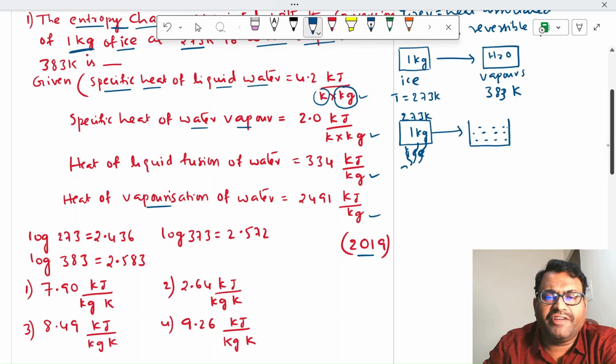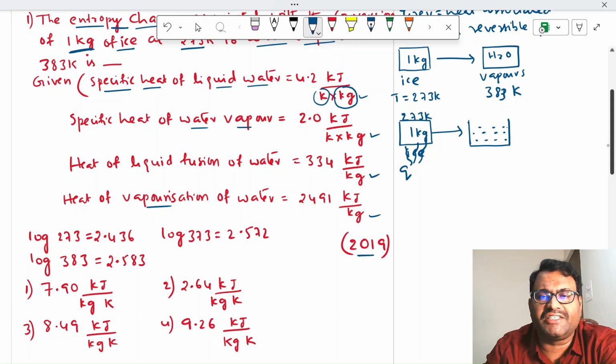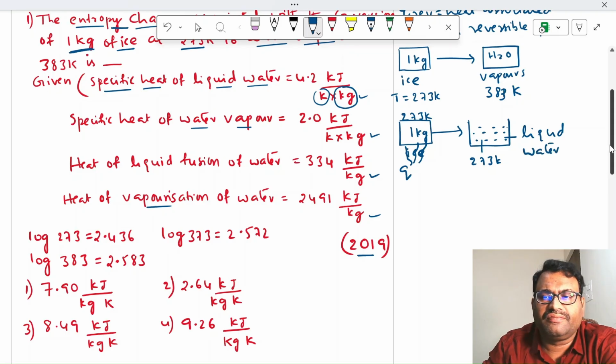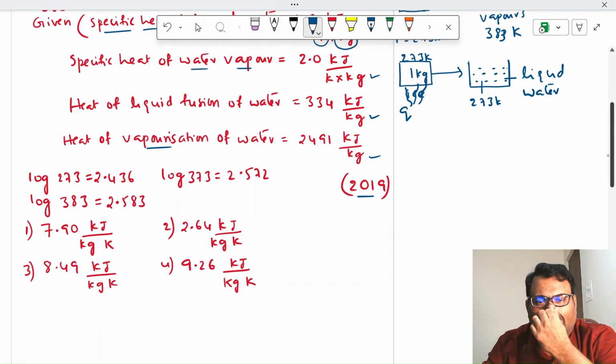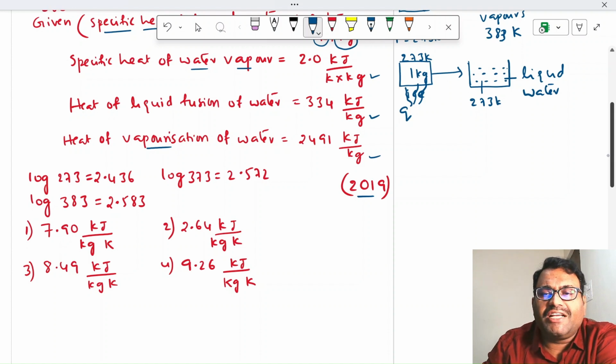Whatever the amount of heat energy you are giving will be used for the conversion of the state. So now water is at 273 Kelvin, but it is in the form of liquid. Liquid water has more entropy than solid ice, no doubt about it, because you are giving some heat energy.